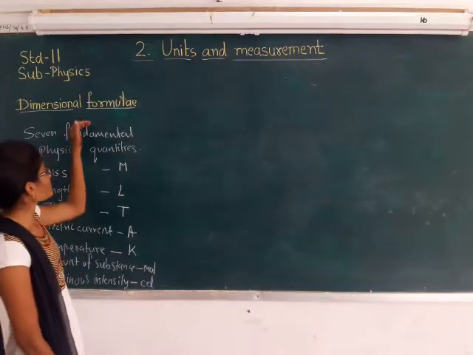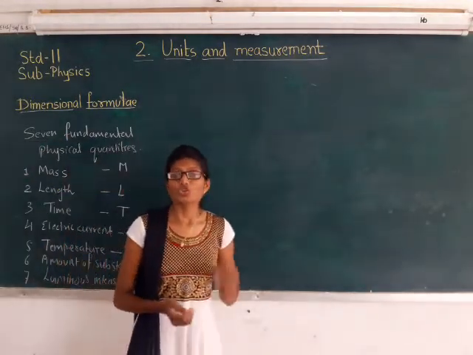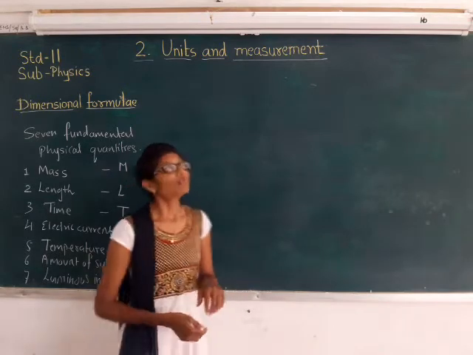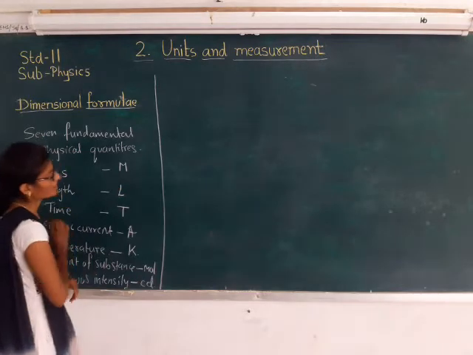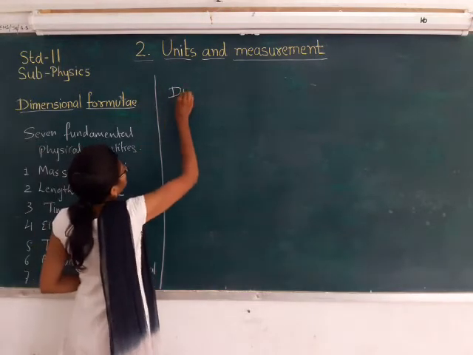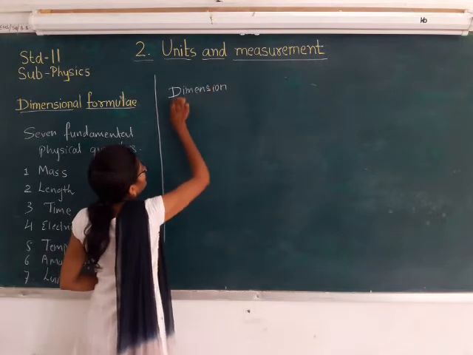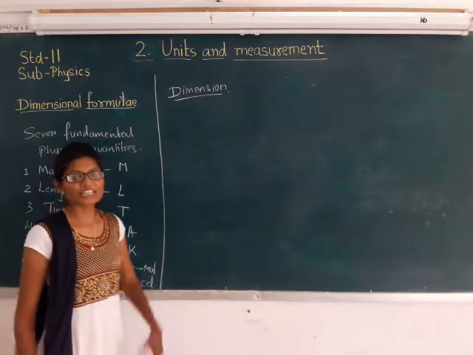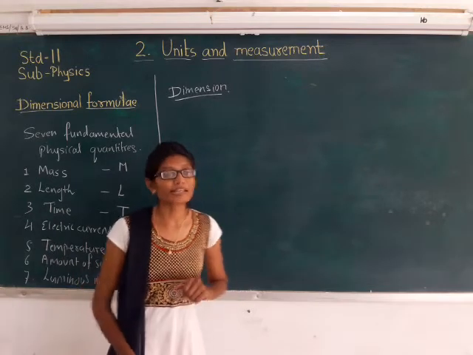Now see, here we are talking about the dimensional formula of the physical quantity. So first of all, we should know what is dimension. Dimension is actually nothing but the power of any physical quantity to represent it.